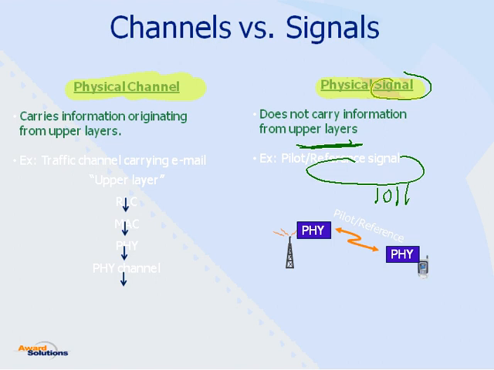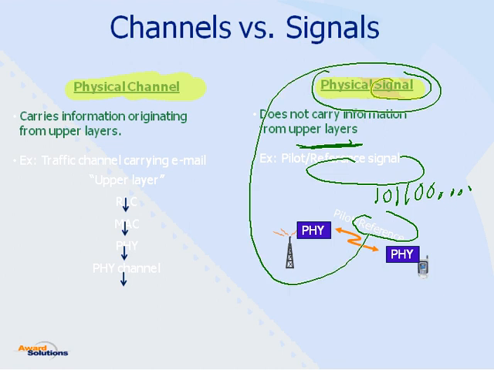So we are sending a predefined set of bits on the pilot for the reference signal. So there is no information coming from the upper layer, no information coming from the RRC, PDCP, RLC or MAC layers. No such information is sent by the pilot. So that's why we say that the reference signal is an example of a physical signal.